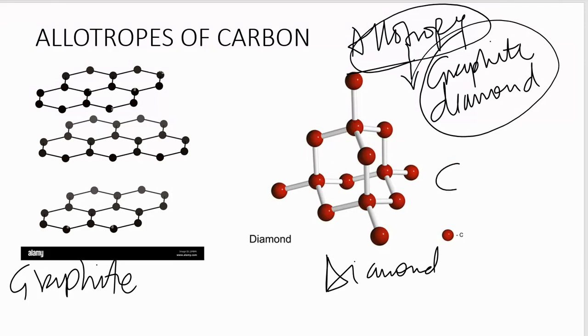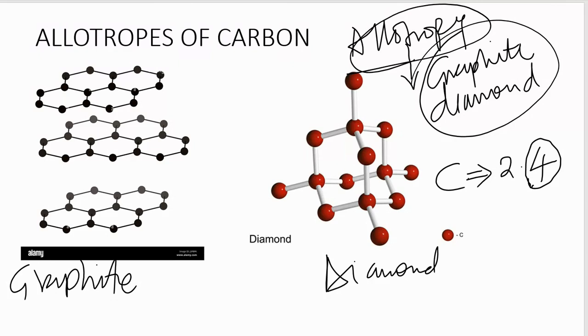We know carbon has an electron configuration of 2, 4. For diamond, it uses these 4 valence electrons to form covalent bonds. And we'll see for the case of graphite because it is different.